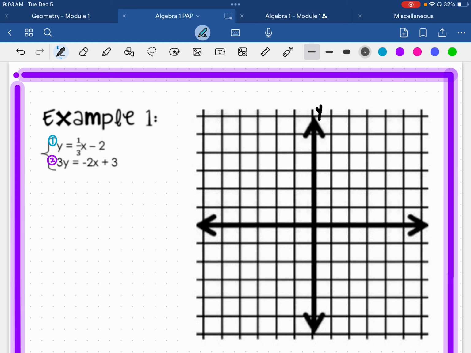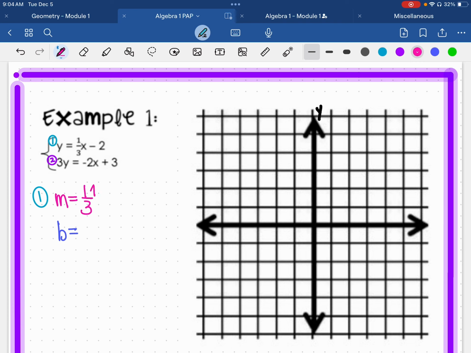In example 1, I can see that equation 1 is already in y equals mx plus b. So for equation number 1, all I'm going to do is identify the slope and identify the y-intercept. The slope, remember, is the coefficient of your x value, the number in front of your x. Remember, the slope shows you how to move.